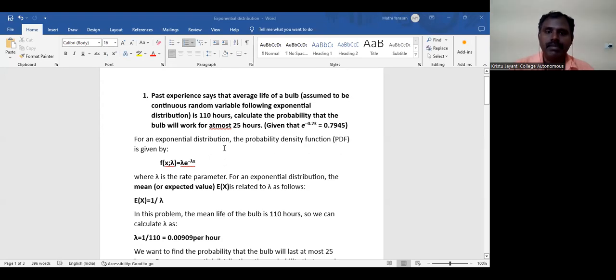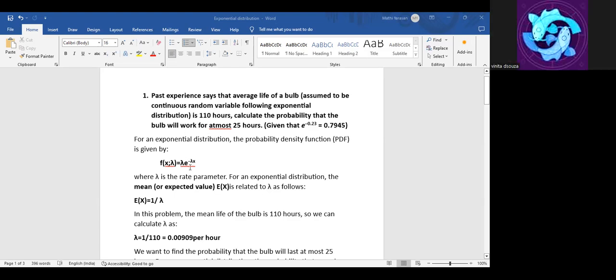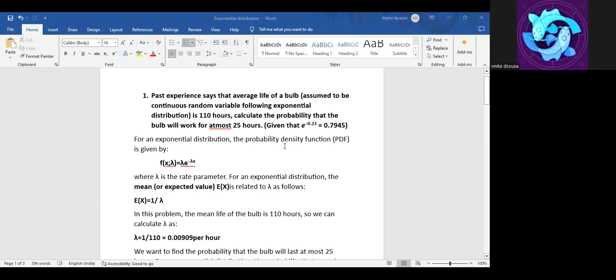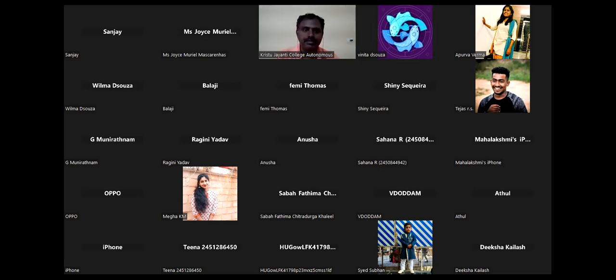Past experience says that average life of a bulb is assumed to be a continuous random variable following exponential distribution. Sir, which unit is this? Ma'am, this comes under, I think, the third unit, I feel. That is probability distribution, something is there, no? Sir, wait, ma'am, I will check it. I am not sure, I will check.